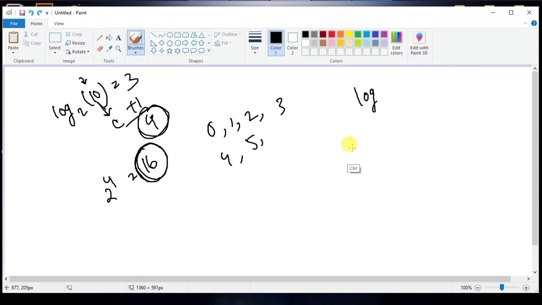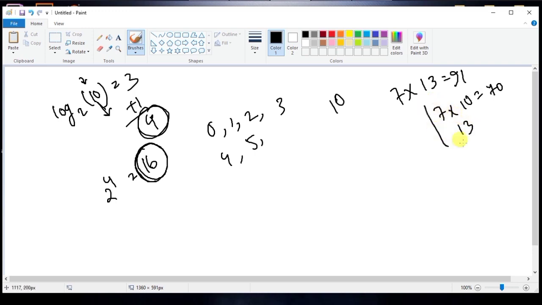Like, if we want to see the answer from 10, we actually want to see 7 into 13, which gives us 91. Sorry, maybe I was writing this 7 into 10 before. That was the answer for 13 actually, and for 10 it will be like this. If I have written wrong previously, I'm sorry for that.